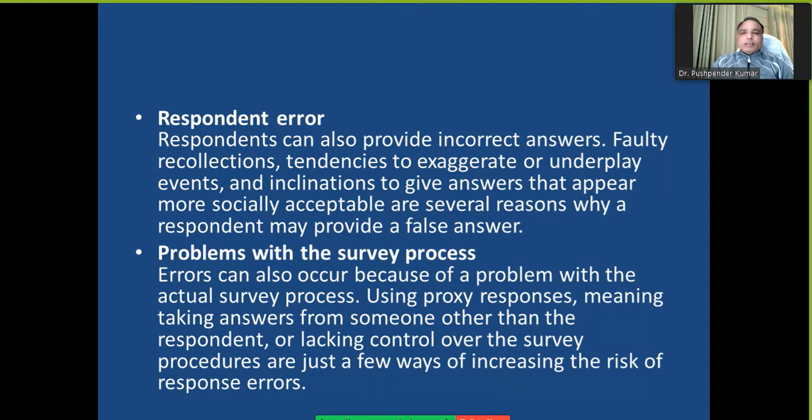So there may be different situations for respondents, which is why they may give you incorrect answers or information. Faulty recollections, tendencies to exaggerate or underplay events, and an inclination to give answers that appear more socially acceptable are several reasons why a respondent may provide a false answer.